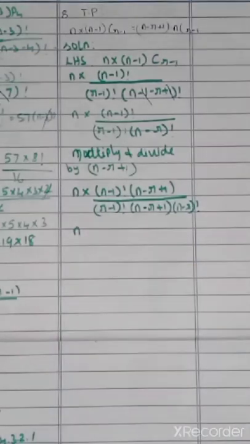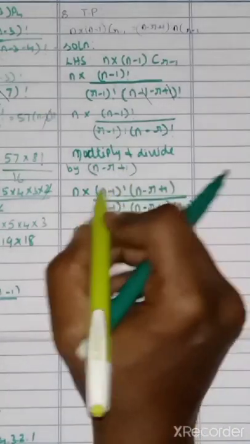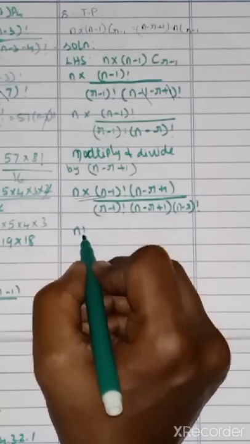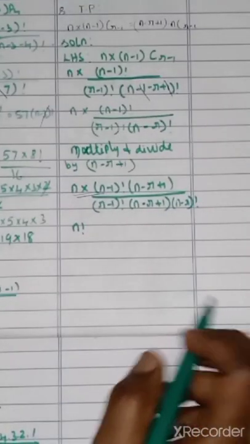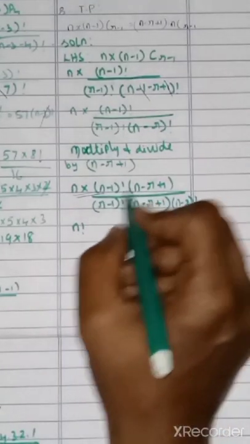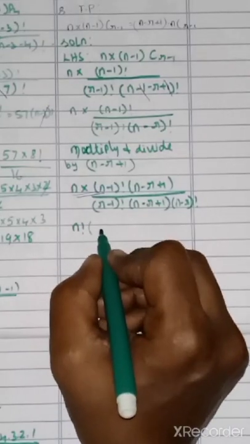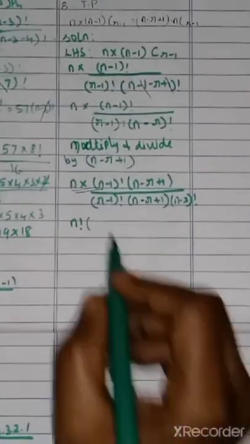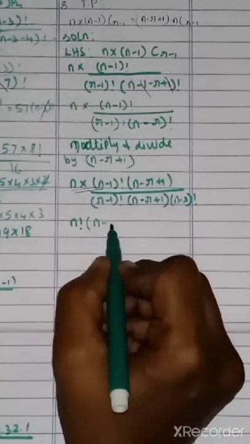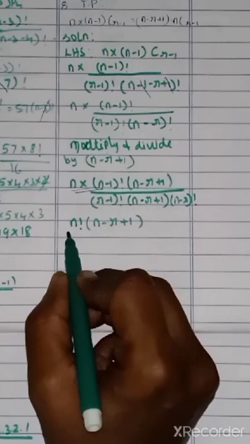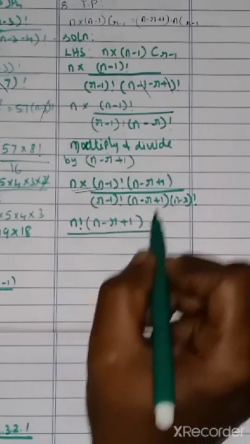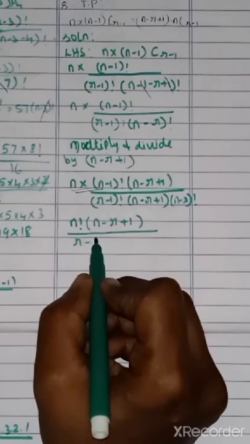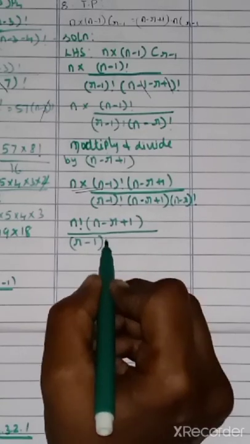So combining these two terms, we can write n into (n minus 1) factorial as the bigger number factorial, n factorial. Next term as it is: n minus r plus 1 divided by this one as it is, (r minus 1) factorial.